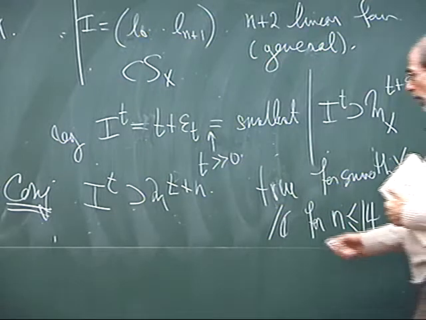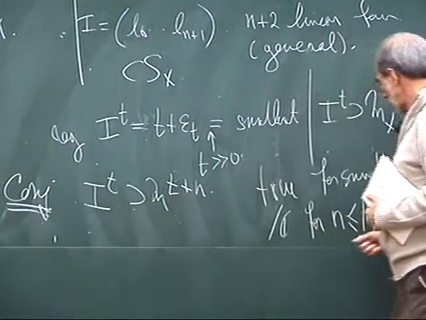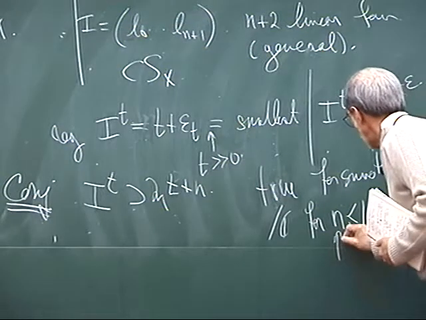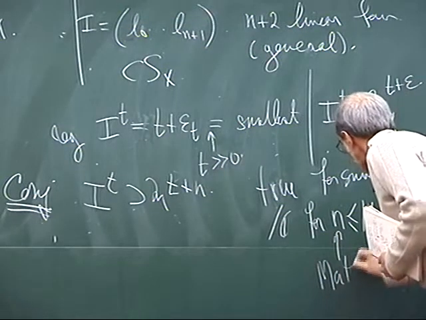So I know no algebraic proof of this. This n less than or equal to 14 stuff goes through Mather's transversality theory for jet bundles, multi-jet transversality. Very strong and very different looking theory than this one. So this is Mather. I don't want to claim any credit for this.